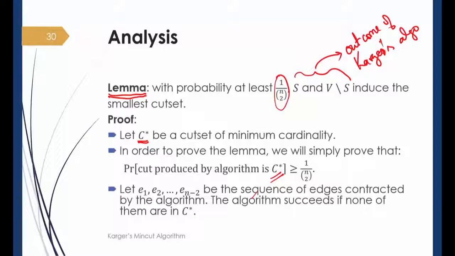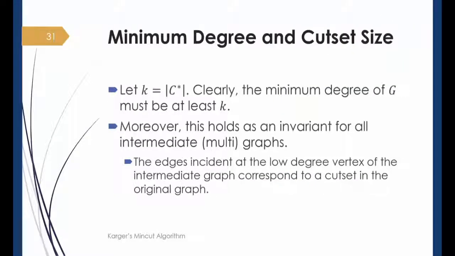So, none of the edges that we picked are in the cut set C star. Let us say the cardinality of C star is some k. Clearly, the minimum degree of G must be at least k. Why?